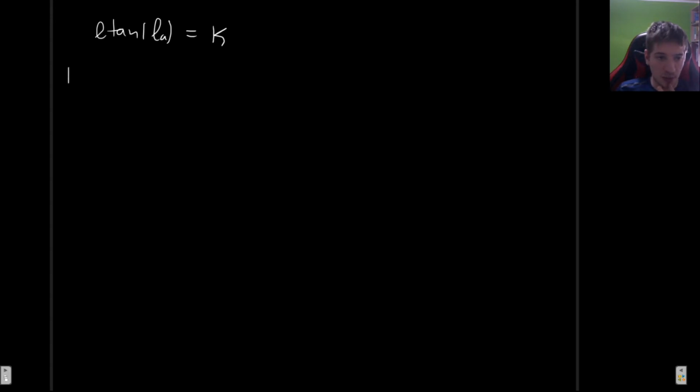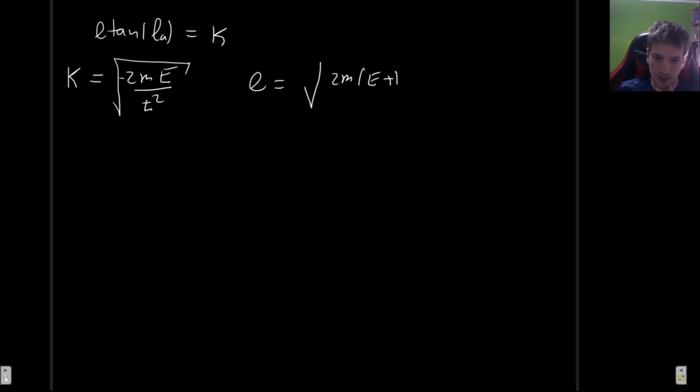So let's just remind ourselves what these quantities are. k is just the square root of minus 2mE divided by h bar squared, and L is just the square root of 2m(E plus V0) divided by h bar squared.